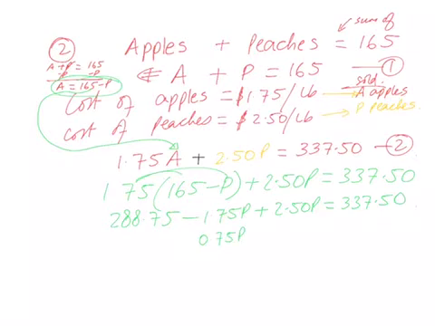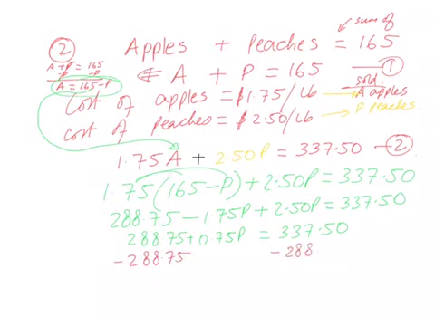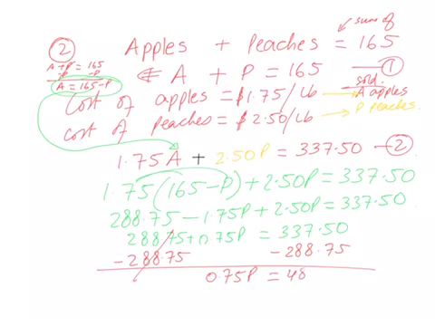At this same moment, we can start by getting rid of this thing, by subtracting it. Okay, so our equation right now is this. Let's subtract 288.75. So what do we get? 0.75P, this cancels. 337.5 minus 288.75 is 48.75.